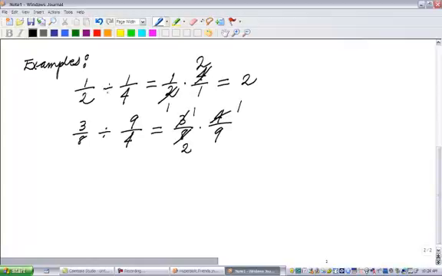Divide this by 3, I get 1. Divide this by 3, I get 3. So what's left is a half and a third, which is 1 over 6. 1 times 1 in the numerator, 3 times 2 in the denominator.